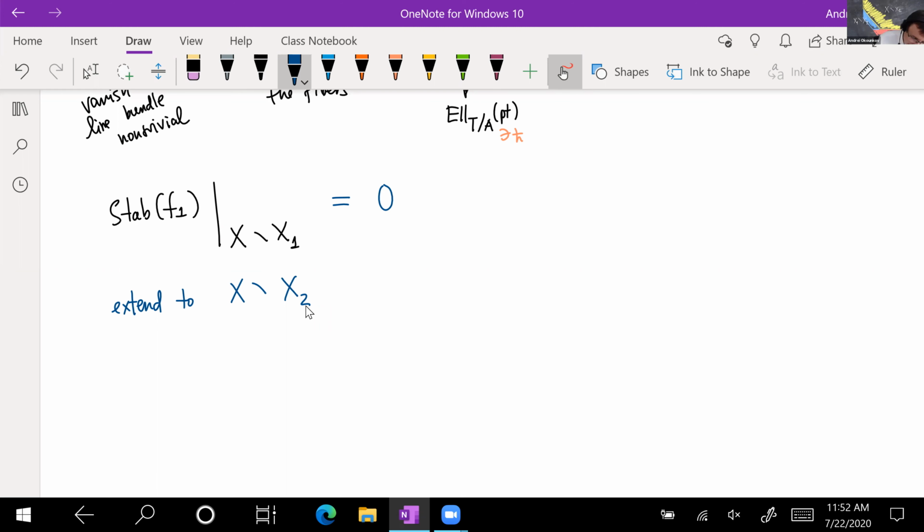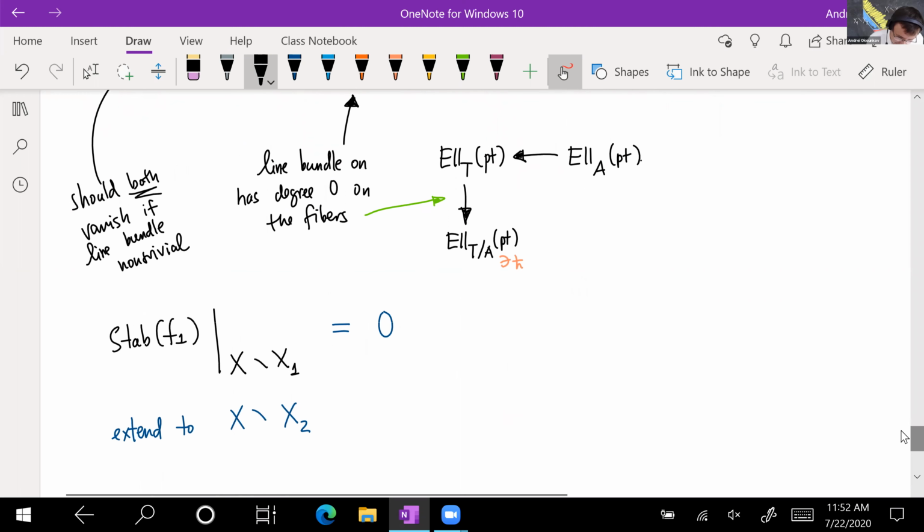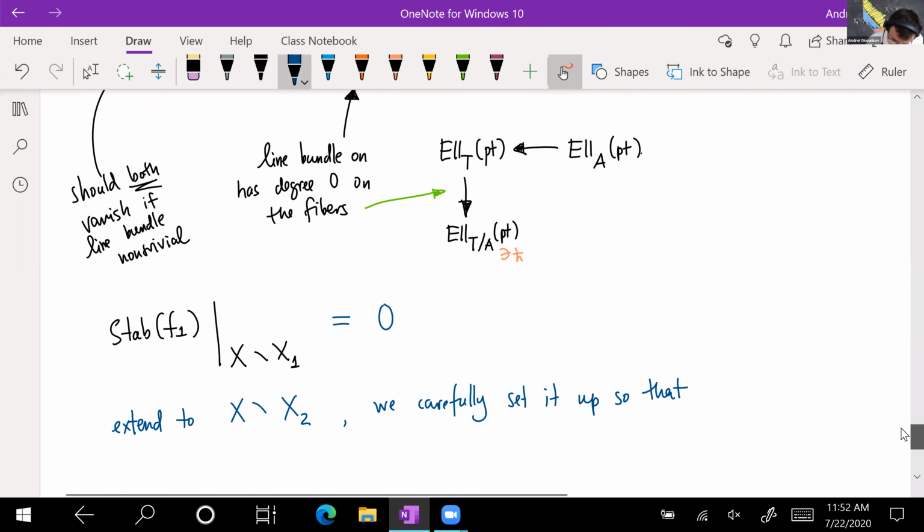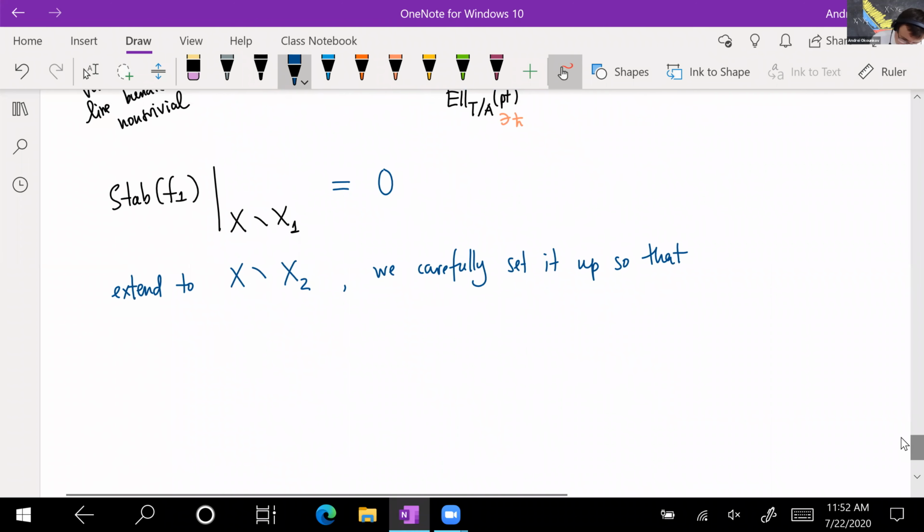So we set this up carefully, so that the term S restricted to F1, tensor whatever, is exactly trivial.